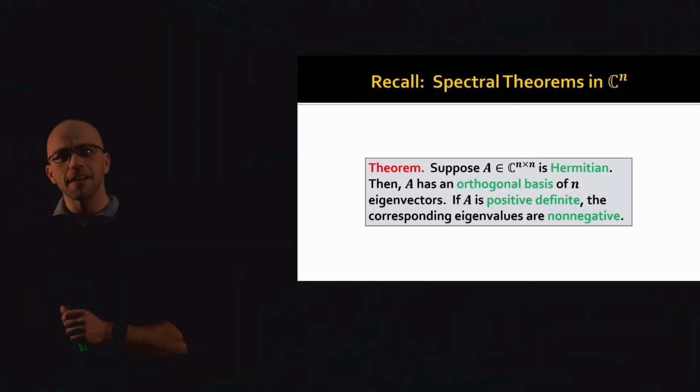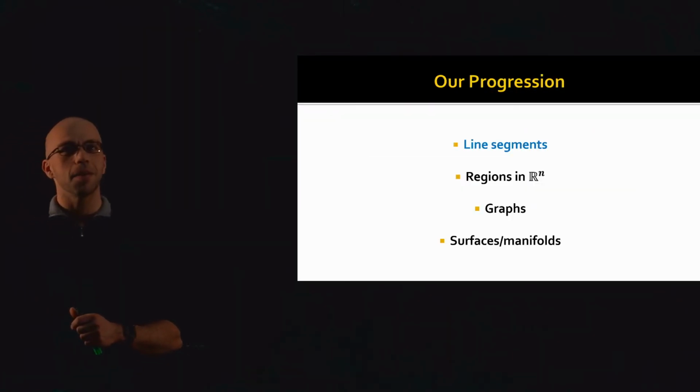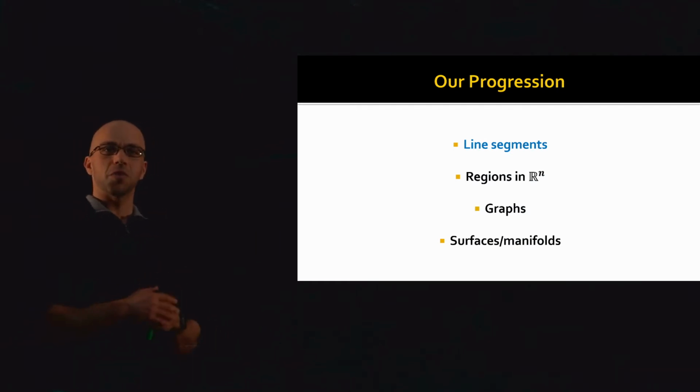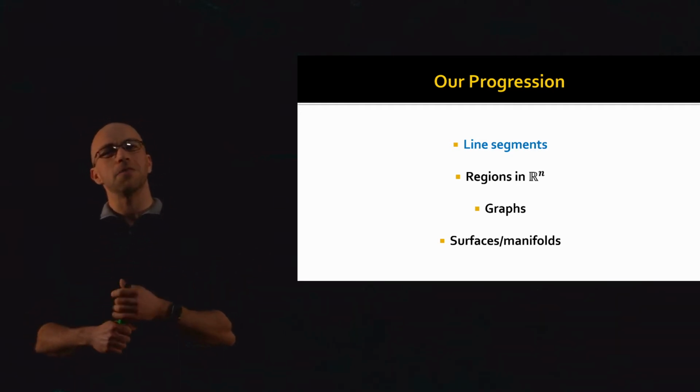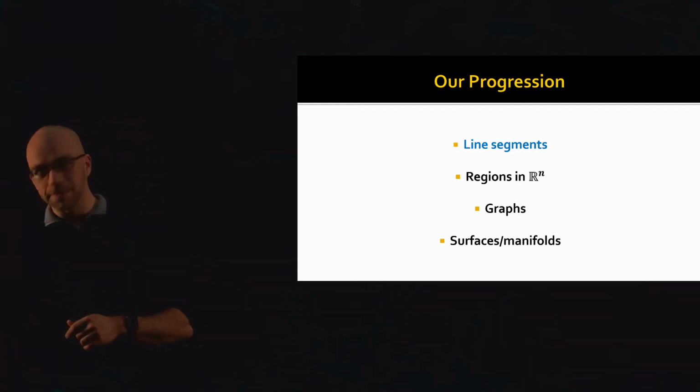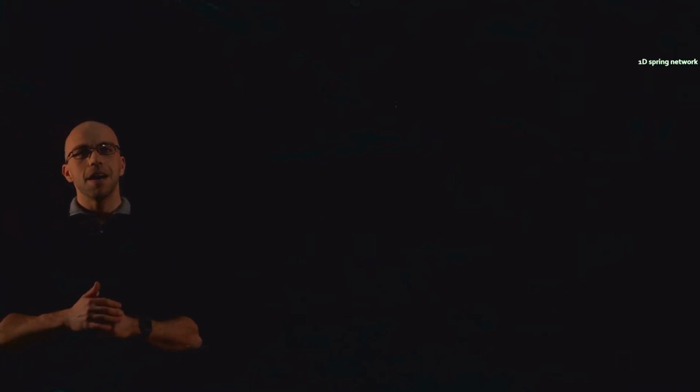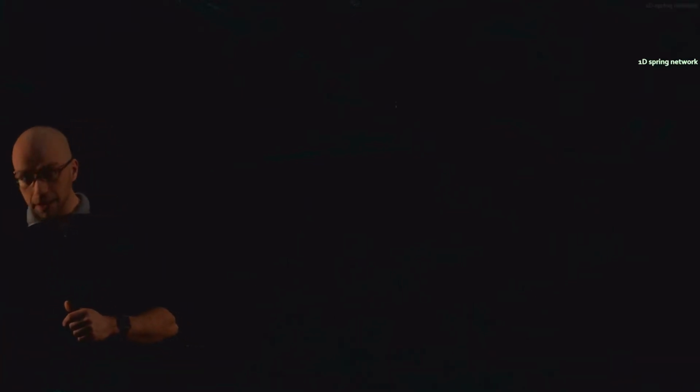So now let's dive into defining the Laplace operator. So remember our progression. We're going to start with line segments, then n-dimensional regions, then graphs, and then finally surfaces and submanifolds of R^n. So let's get started. Now, to get started, we're going to motivate the Laplacian by kind of filling in that vibrational story, at least in one dimension.